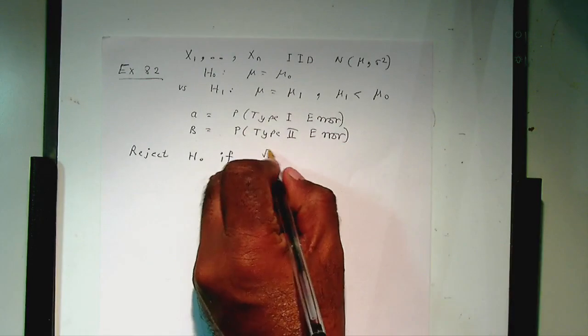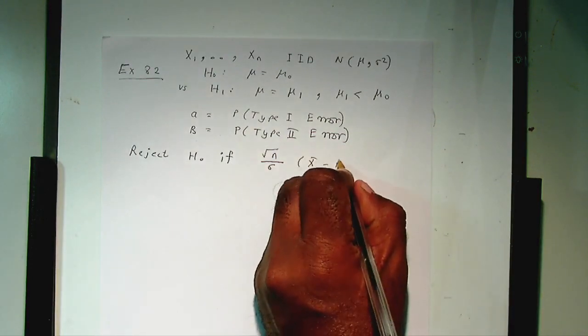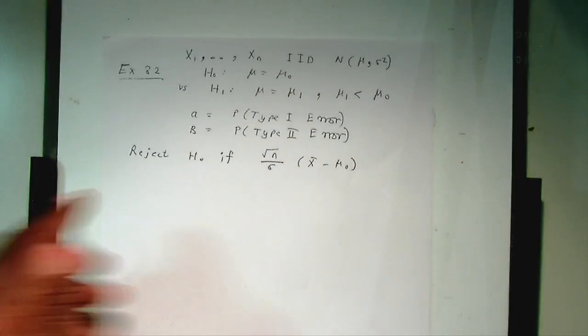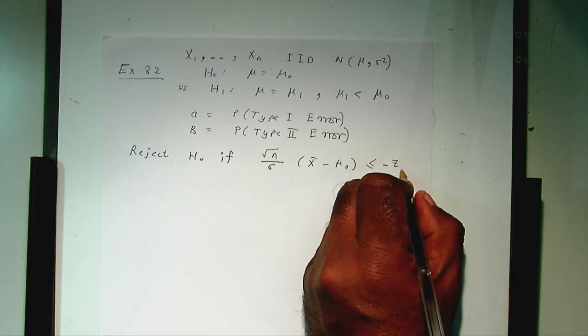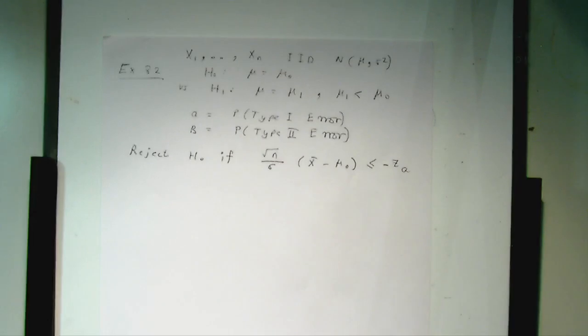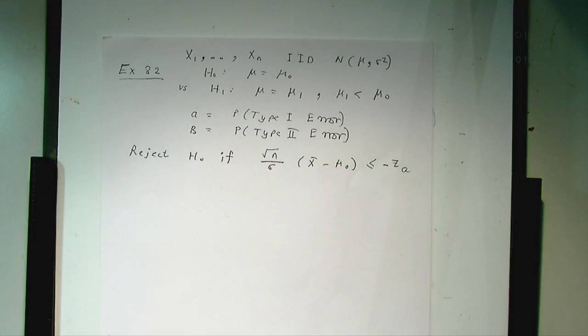So the rejection rule is if it's this one here. So alpha in this case is A, remember. Because alpha is the probability of type 1 error, which in this case is denoted by A, right? So this is the rule for rejecting the null hypothesis.